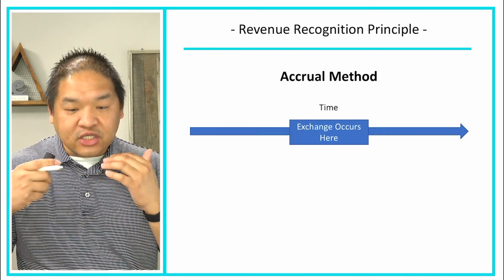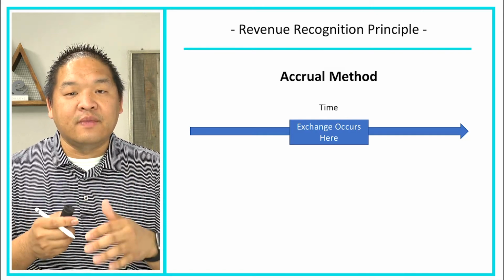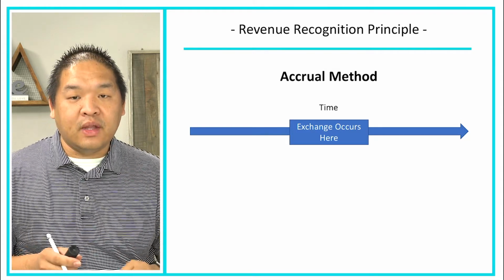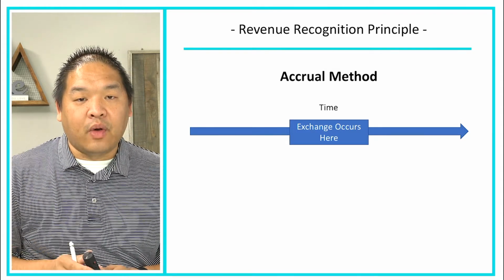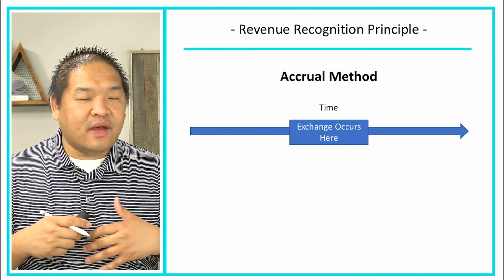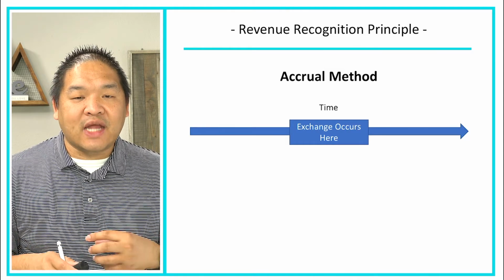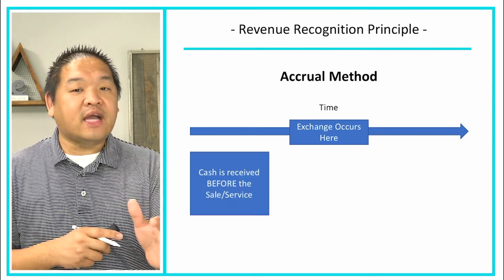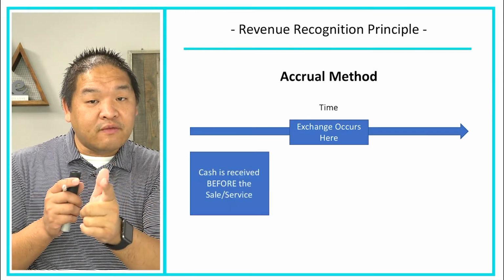And so we've got some space before that point, and we've got space after that point. So let's think about the 3 different scenarios in which cash can occur in the revenue process. The first one is that cash could be received before the revenue occurs, right?